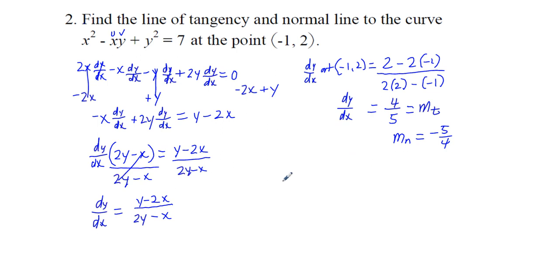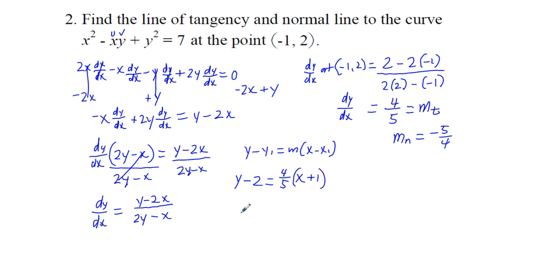And now we can solve the equation. And this is a big equation in calculus, the point-slope form, which is y minus y1 equals m times quantity x minus x1. And we're going to use both of these. So here's for the tangent here on the left. I'm going to work below. We're going to have y minus y1, which is 2, equals the slope of the tangent line, which is 4/5, times x minus negative 1, and x minus negative 1 is x plus 1.